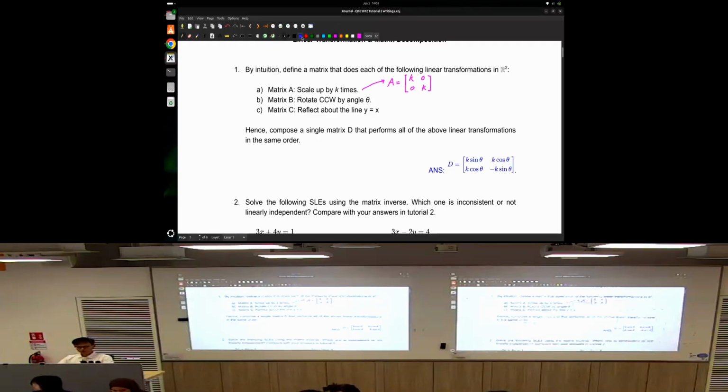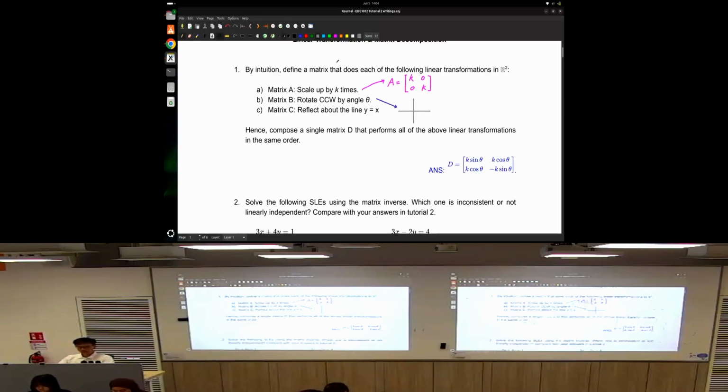Then matrix B maybe not so straightforward, because this one rotates counterclockwise by angle theta. So maybe it will be beneficial if we draw the 2D plane to see what we mean by rotating counterclockwise by angle theta. What this means is that your input vectors will be i and j.